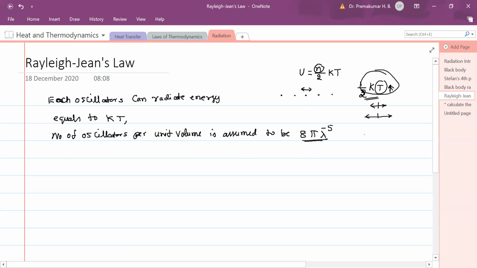Each oscillator can radiate energy equal to kT. And how many oscillators do we have? This many. Then what is the total energy radiated per unit volume of the black body?